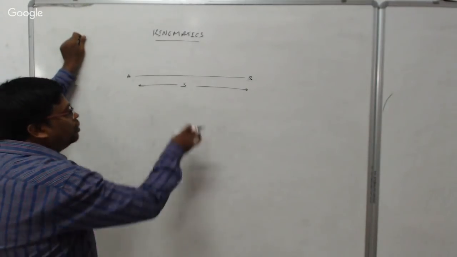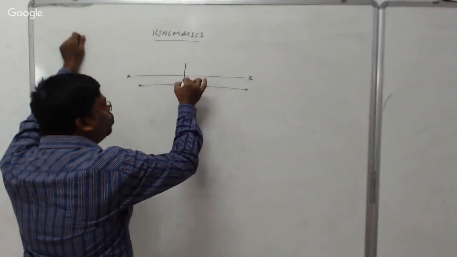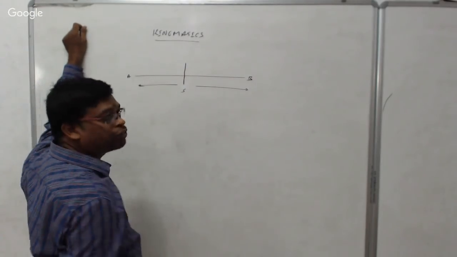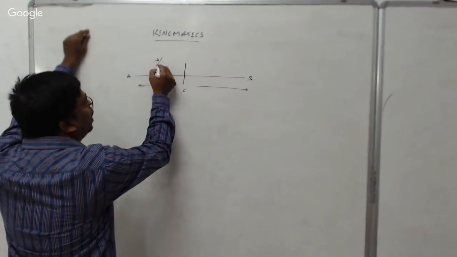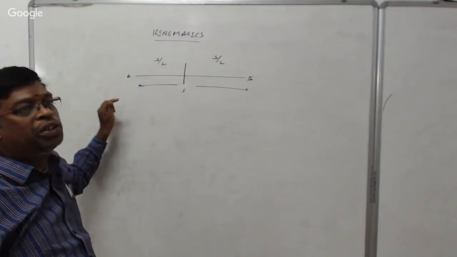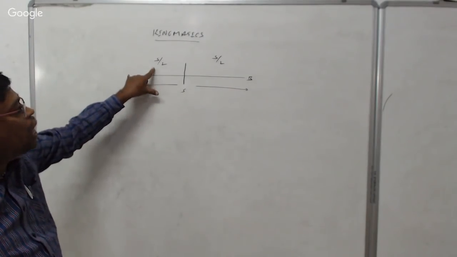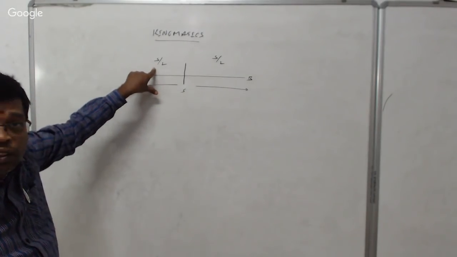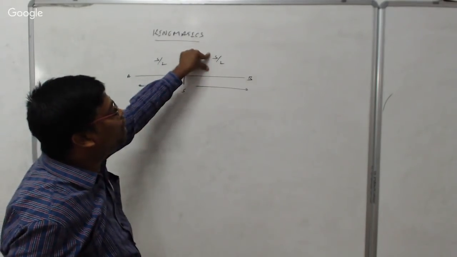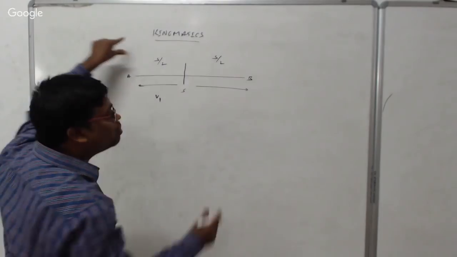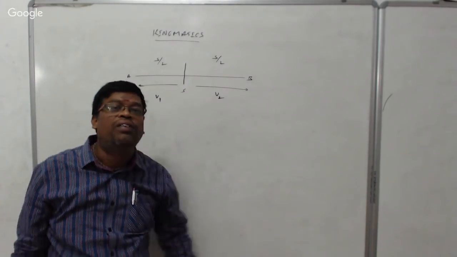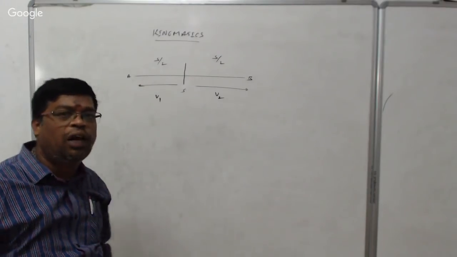This total distance was split into two equal halves, that is S by 2 and S by 2 respectively. What is mentioned in the question? The first half of the distance with the speed v1 and the remaining half of the distance with the speed v2. Find the average speed.